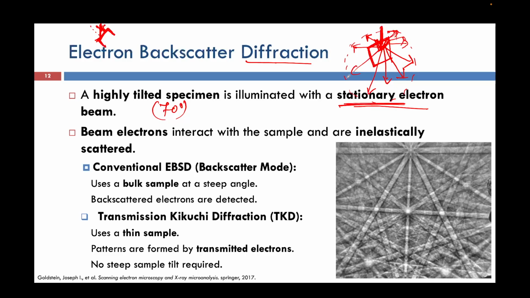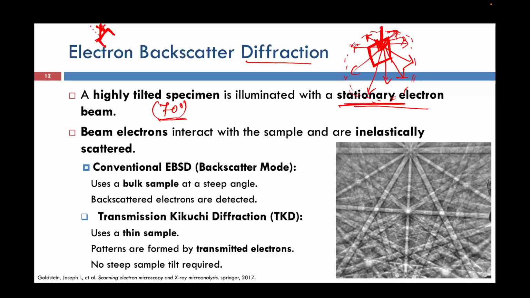This is a two-dimensional picture, but this also takes place in all three dimensions. So when the beam comes, a specimen tilted at 70 degrees is illuminated with a stationary electron beam. Then the beam interacts with the specimen and is finally inelastically scattered.